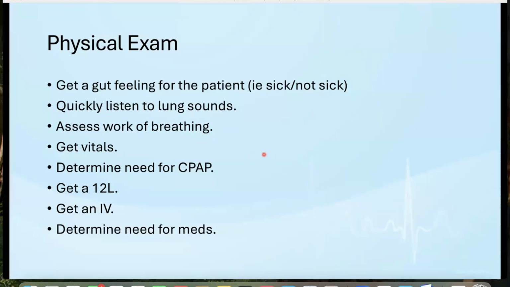And that's just to show you how hard it is for that heart to pump, and the kind of clamping down that can occur. Determine our need for CPAP. Again, this can be extremely beneficial. Get a 12 lead. We need to make sure this person isn't in cardiogenic shock, and having a STEMI or a non-STEMI. Get an IV in these folks. And then, as you're doing all of this, you need to determine their need for medications.